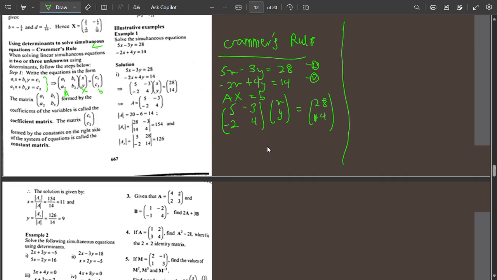Then we apply the real Cramer's rule. It gives us the value of x by this, and the value of y by this.